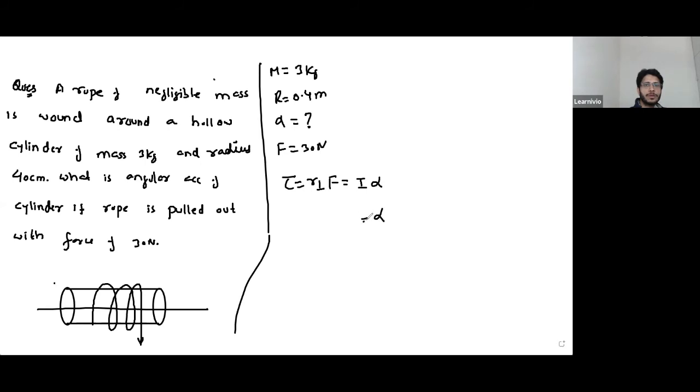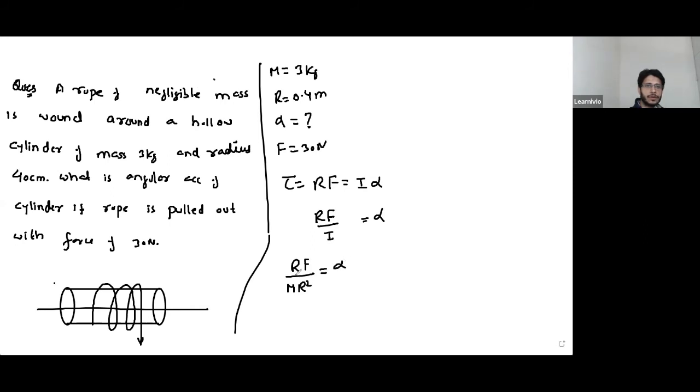So your alpha comes out to be, where R perpendicular is basically the radius of the cylinder, alpha is RF over I. Your I is the moment of inertia, which for a hollow cylinder is mr square.